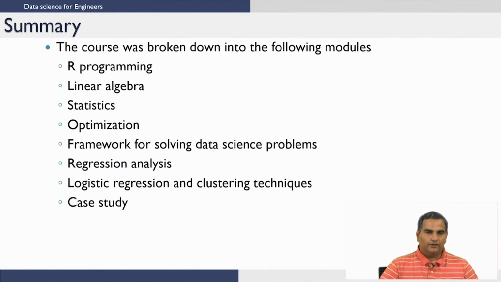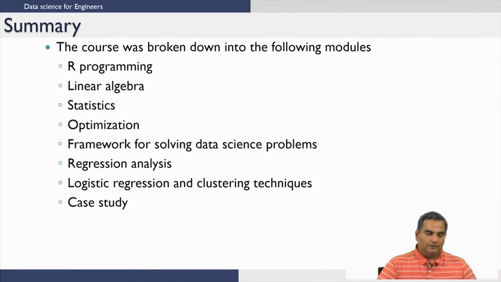We then introduced the idea of optimization and optimization algorithms that are useful for us to understand machine learning algorithms and make sense out of why we get some results when we run certain machine learning algorithms and so on.